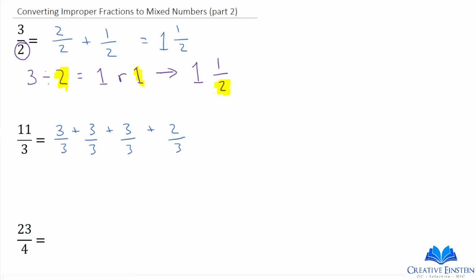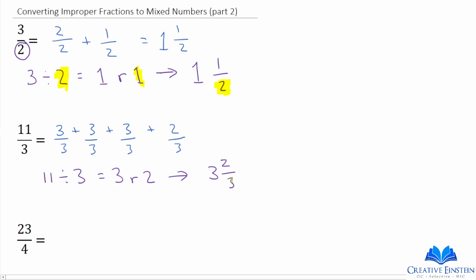Alright, so what we've actually done there again is we looked at how many 3's are in 11. So 11 divided by 3 equals, there are 3 3's in 11, and I've got a remainder of 2. So that means that what I can actually do is everyone gets 3 cakes, and there are 2 cakes left over, so we can go 2 on 3.